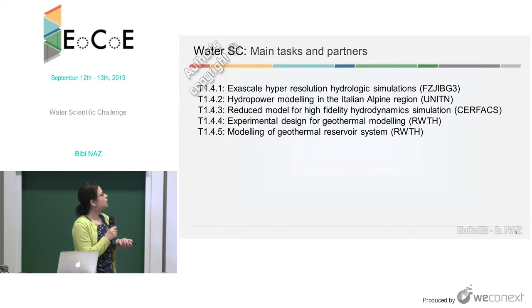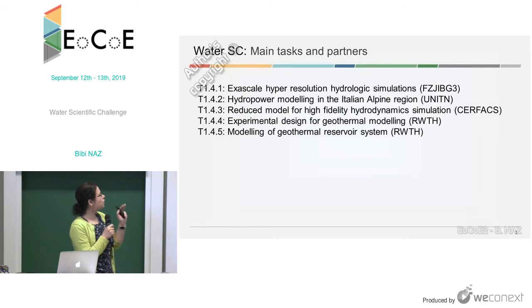So the main tasks included in this scientific challenge are to perform the exascale hyper-resolution hydrological simulations, and also to connect those simulations with the hydropower modeling in the Italian Alpine regions, and to also do some hydrodynamic simulations for flood forecasting.